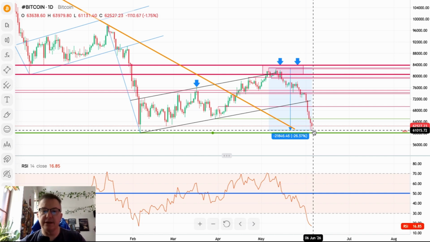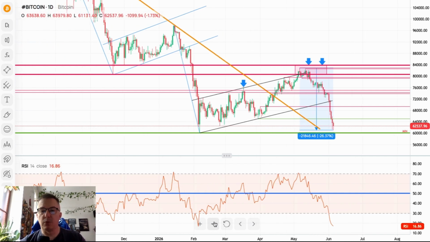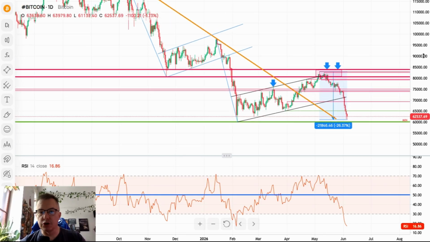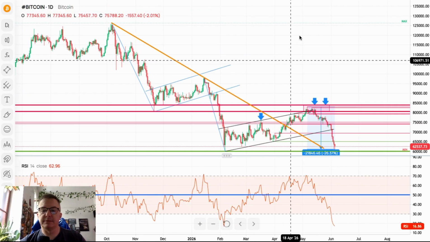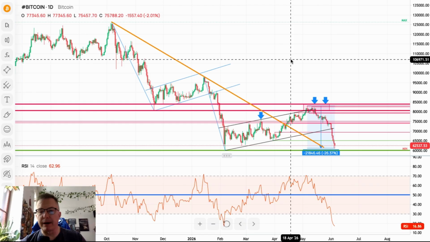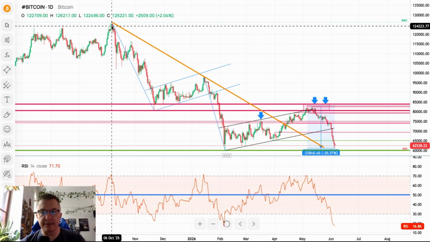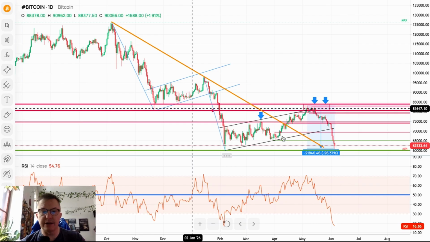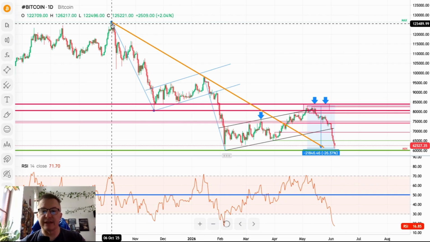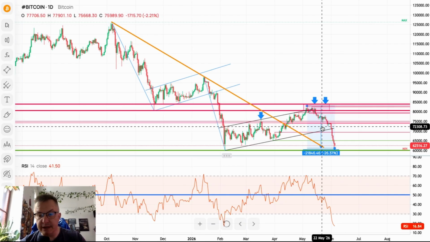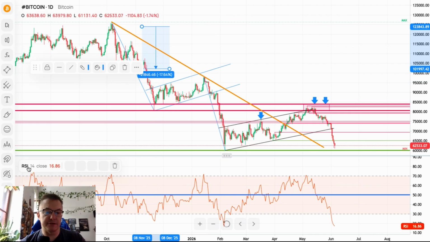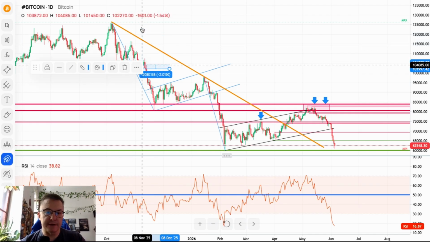So definitely there is only one group or one side of the market which is apparently winning since the all-time high top was made, and those are bears. So we actually dropped more than 50%, I guess, from the all-time high. Let me just check this out for you guys.